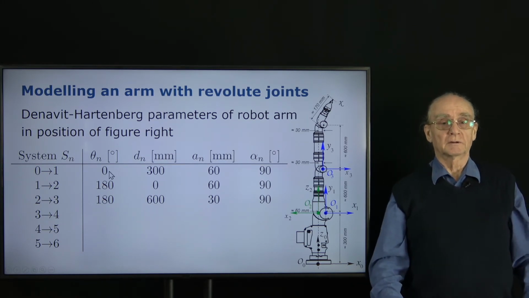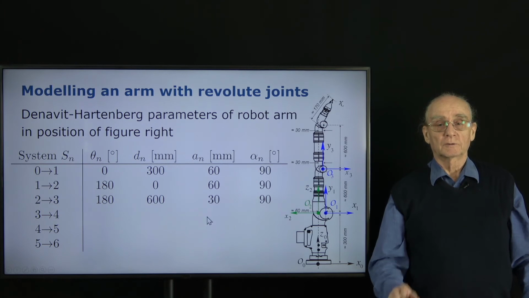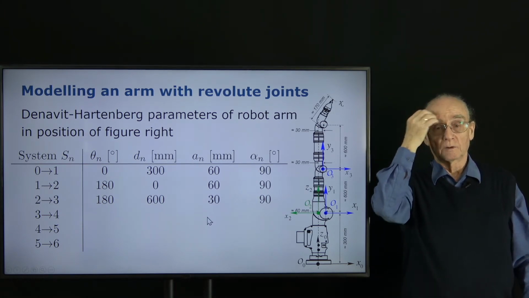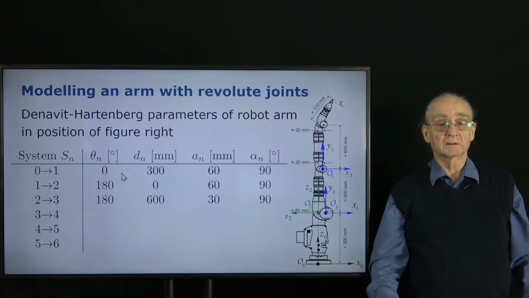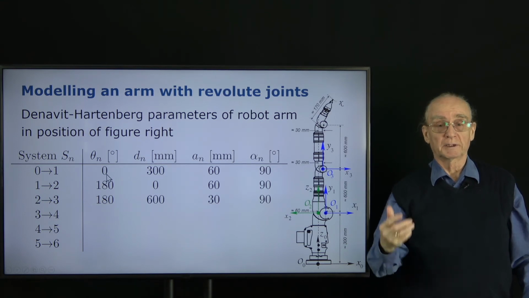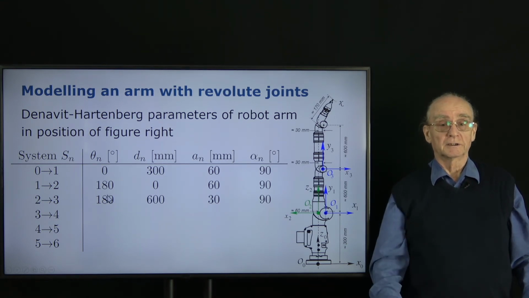So we have here 0, 360, 90, etc. I didn't give the numbers here, which describe the complete arm. And you can imagine that if the arm is vertical, then all these angles theta are 0, or depending on the direction, 180 degrees.